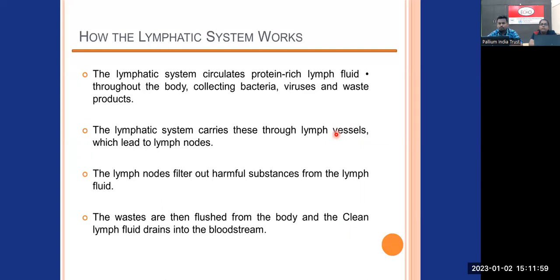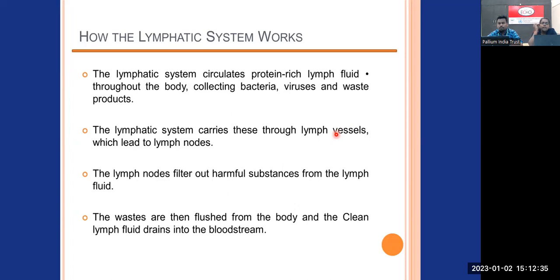The next thing is, we all know how the lymphatic system works. The lymphatic system circulates protein-rich lymphatic fluid throughout the body. Sometimes it contains bacteria, viruses, and waste products.